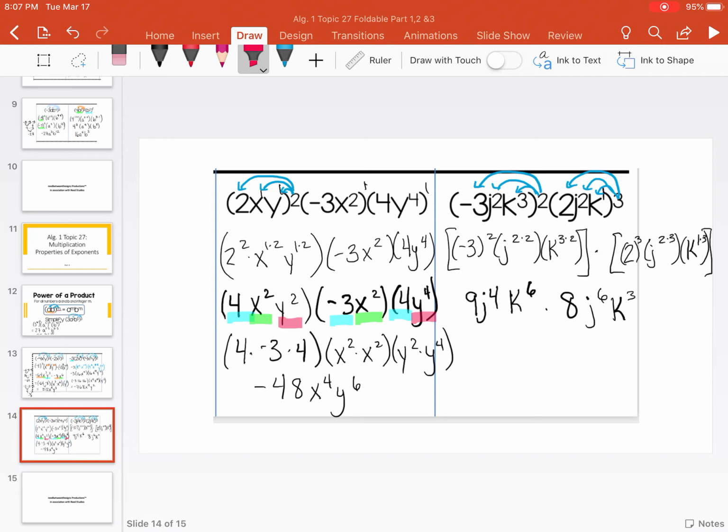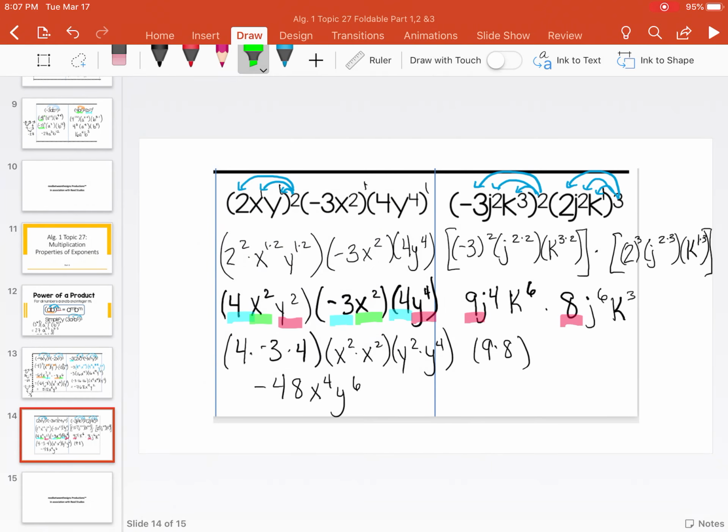Okay, we're going to group our coefficients together. So we're going to have 9 times 8. And again, as you guys get more comfortable with this, you won't necessarily need to rewrite it every single time. In order to hold myself accountable, I like to do this so that way I keep track of literally every coefficient and every variable I have.